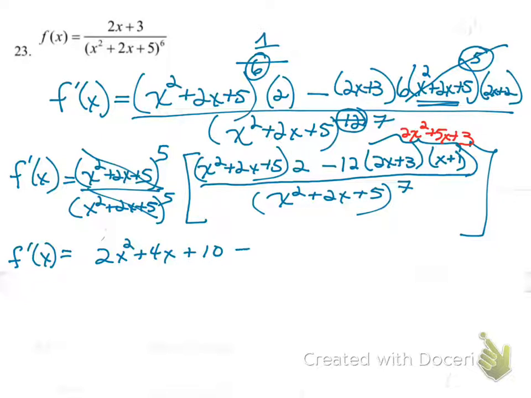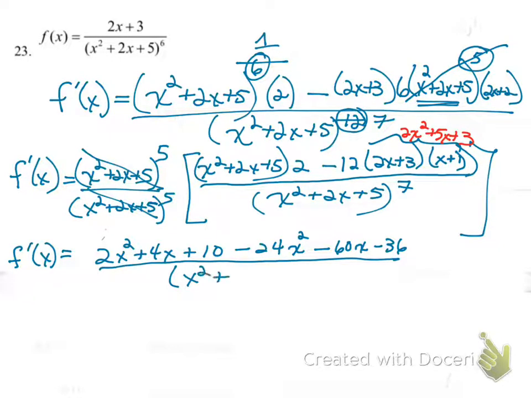Then minus 12 times 2x squared, so that's minus 24x squared, minus 5x times 12 is going to be a 60x, and then minus 12 times 3 is minus a plain old 36. That's my entire numerator over this denominator, x squared plus 2x plus 5. And remember, now it's raised to the 7th.